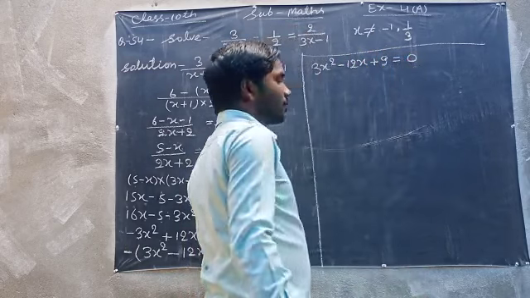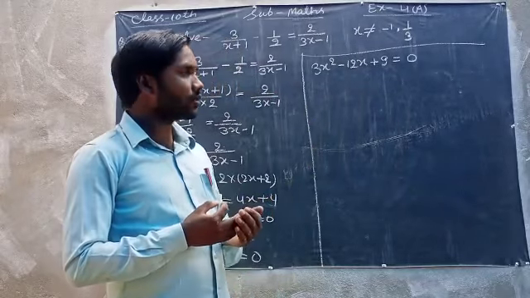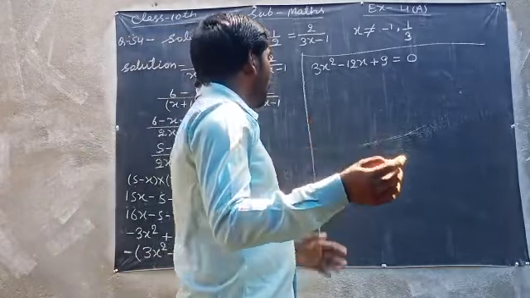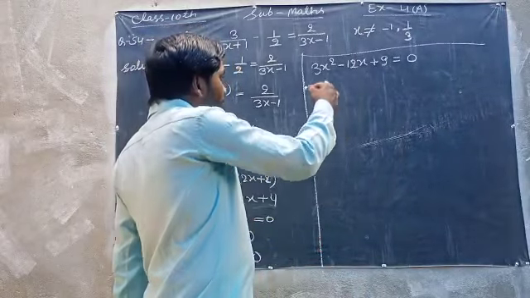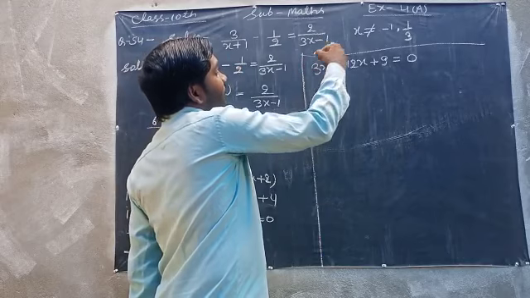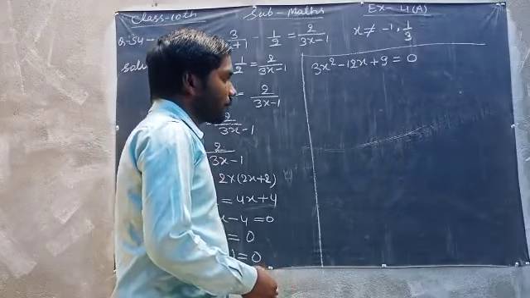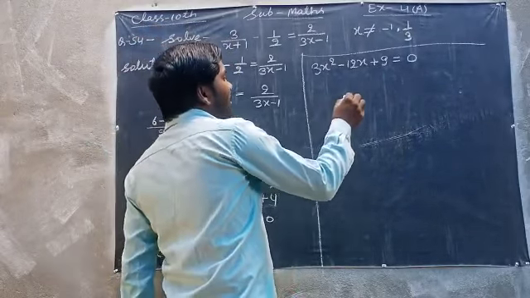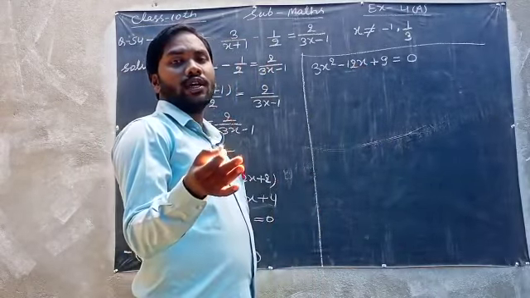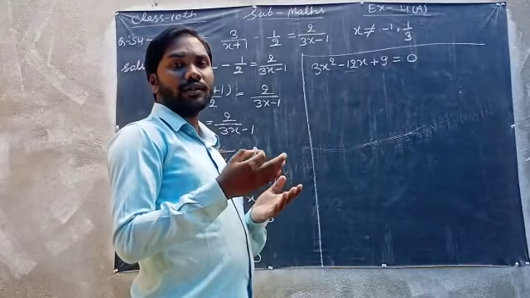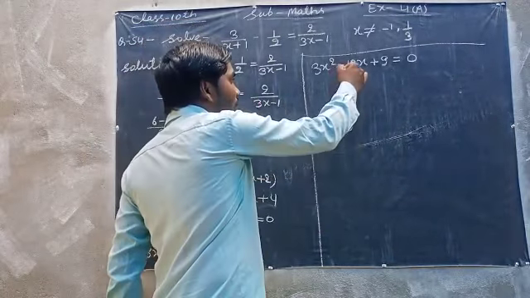Now from here we can solve the given quadratic equation. I have told you many questions which are in the form of this question. So let us solve this. First of all, as we know, we multiply the coefficient of x square and this constant term. So 9 3s are 27. After that, this 12 will be split into two such parts that the product should be equal to 27 and the sum should be equal to 12.